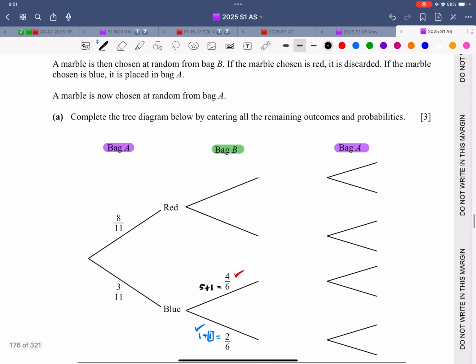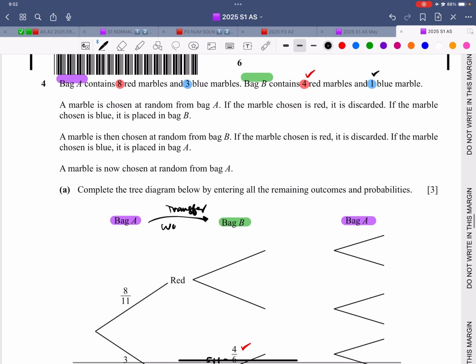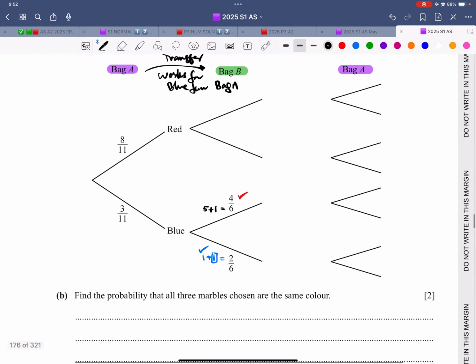So this transfer will work only for which color? Only for blue. Transfer works for blue from bag A. That is the rule. So that is why this is 6, this is 6, this is 5 plus 1 because of that, and this numerator is unchanged.